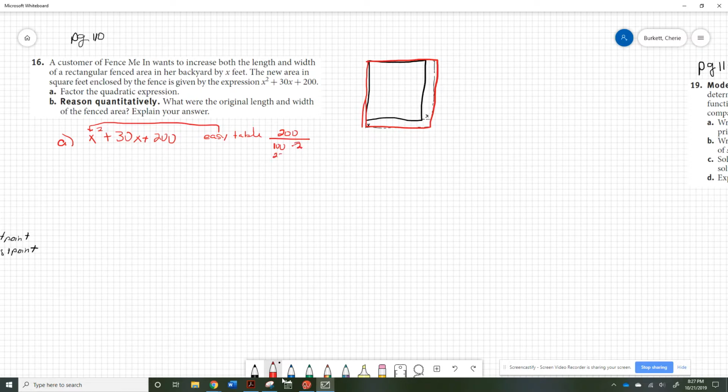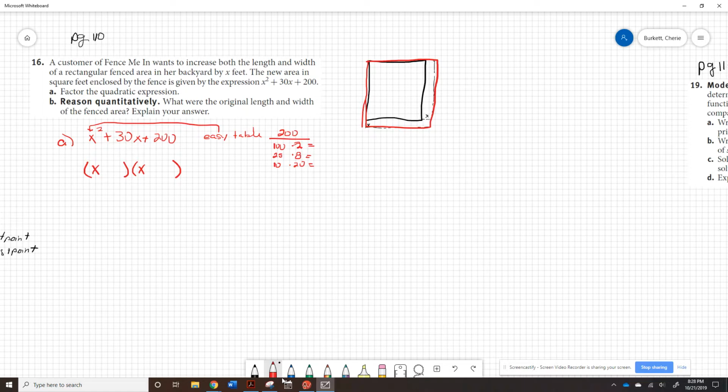Let's see, 25 times 8. What about 10 times 20? And of course, you're trying to see which ones combine together to give you 30. And then whatever you find, whichever number you pick over here, one's going to go here and one's going to go here.